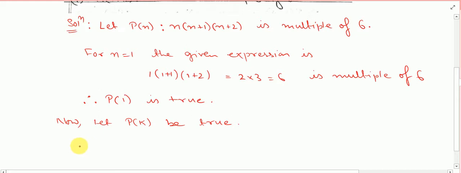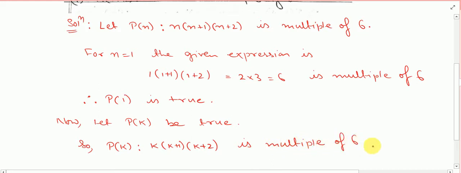So Pk, that will be k, k plus 1, k plus 2 is multiple of 6.